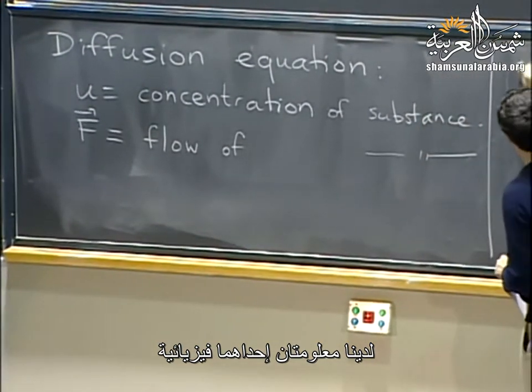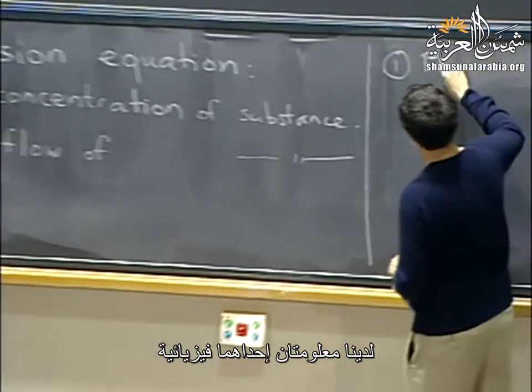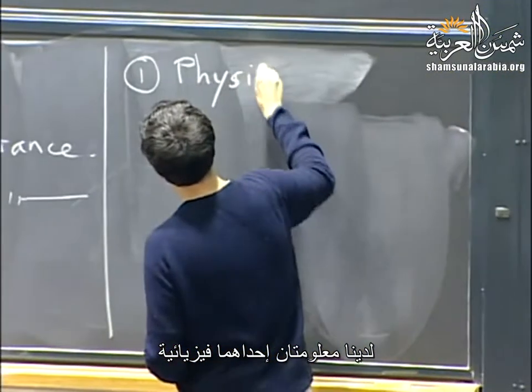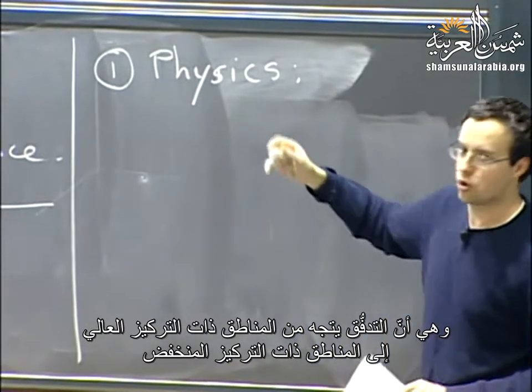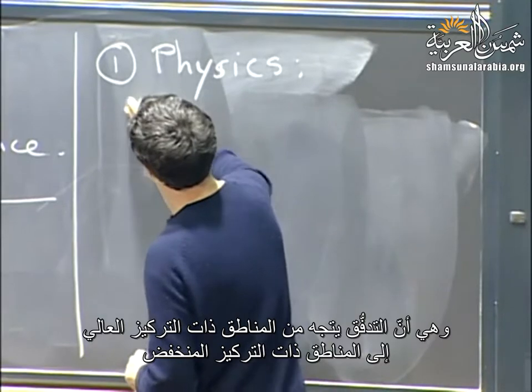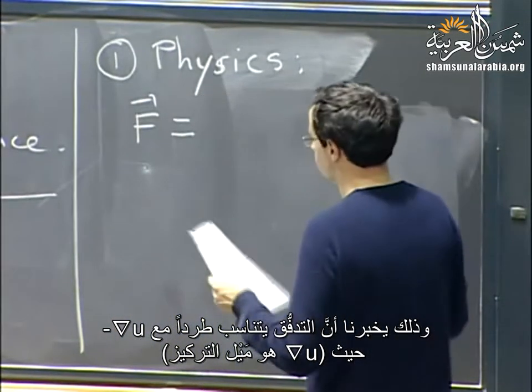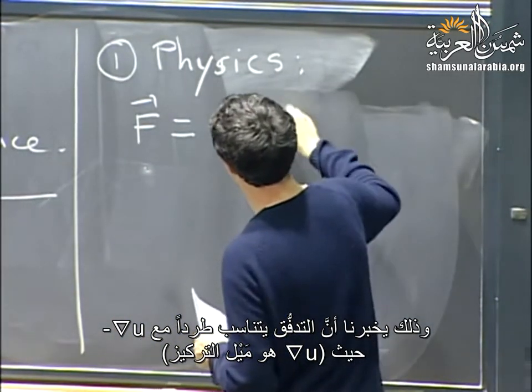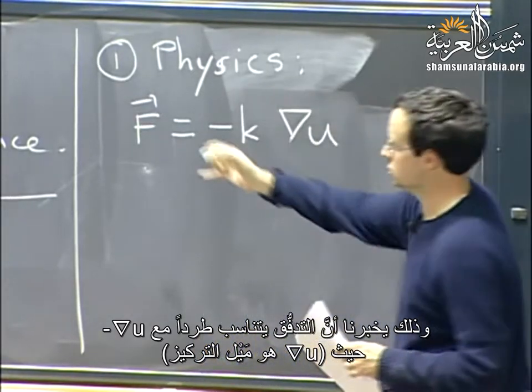We got two bits of information. One came from physics and said that the flow goes from high concentration to smaller concentration, and that told us that the flow is proportional to negative the gradient of the concentration.